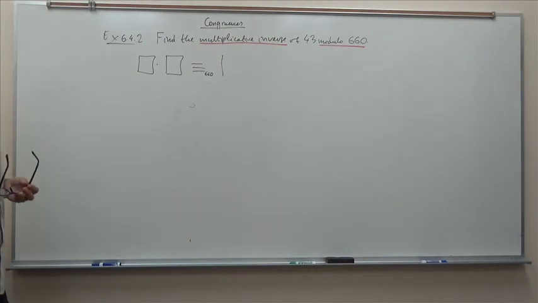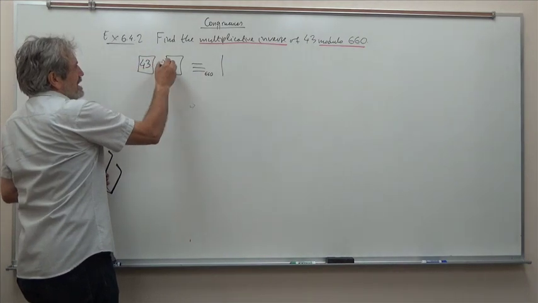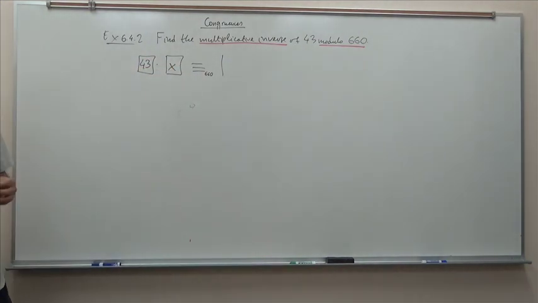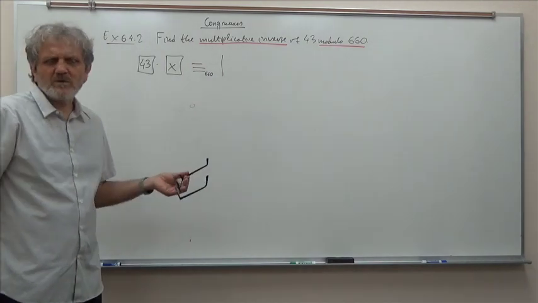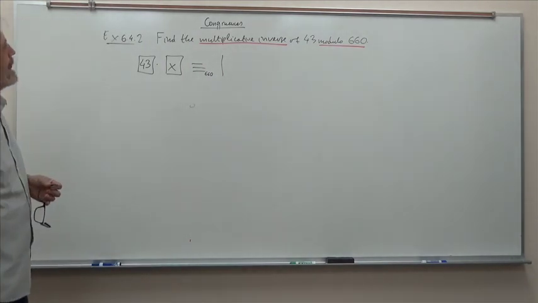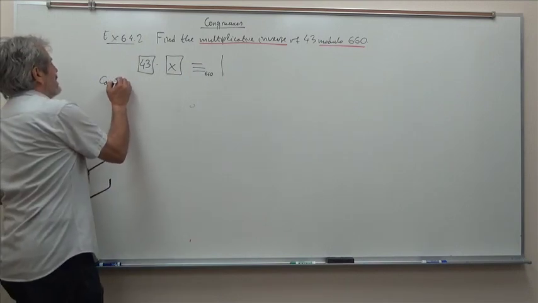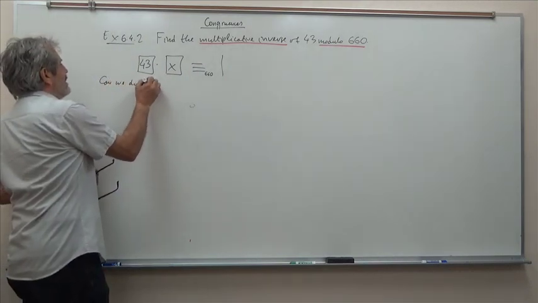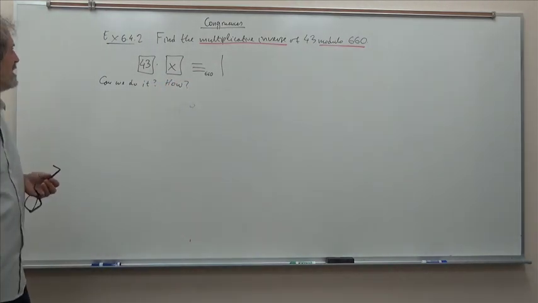And the multiplicative inverse of a particular number, which one is it? 43. They want this x, such that 43 times x is congruent with 1 modulo 660. Why would we need that? We'll see that in a moment. So the question is, can we do it, and if we can, how can we do it?